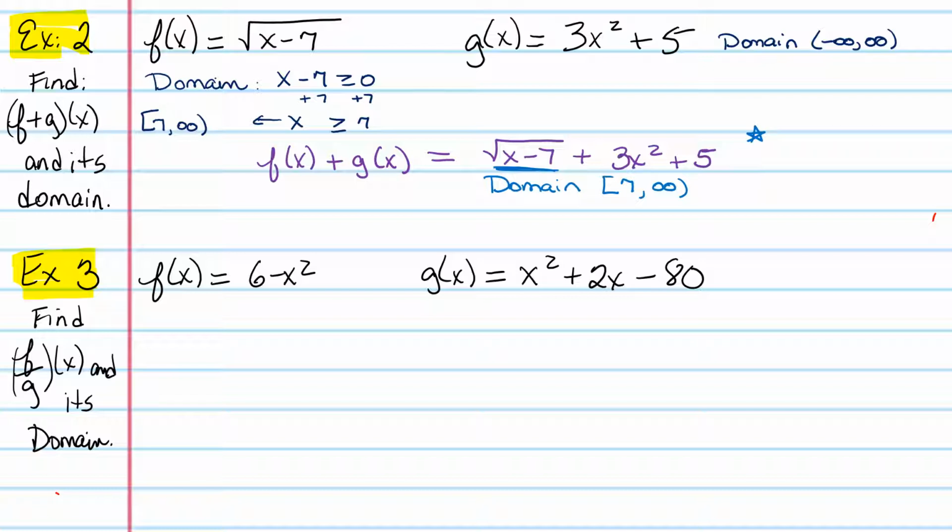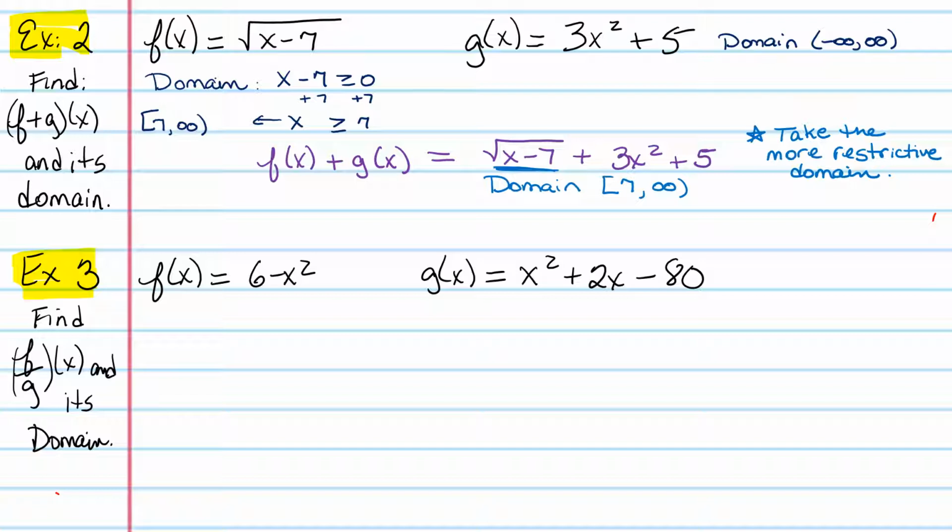Now generally you can just take the more restrictive domain when you are combining functions. And that's a good rule of thumb. Doesn't work 100% of the time, but that would help you for this.